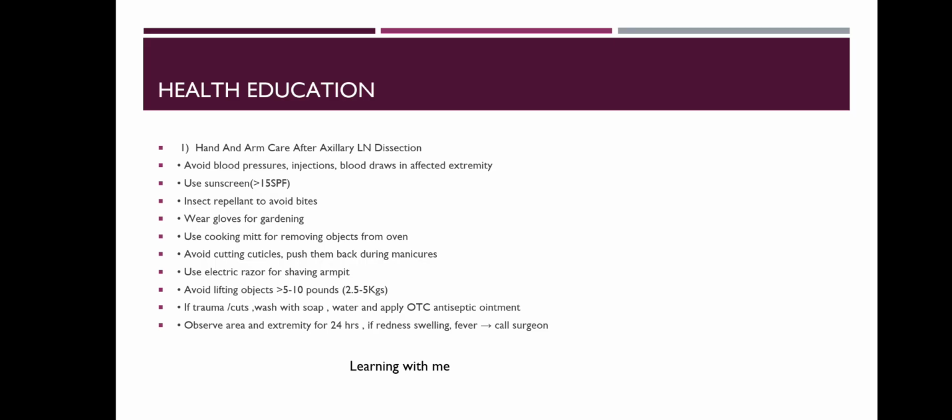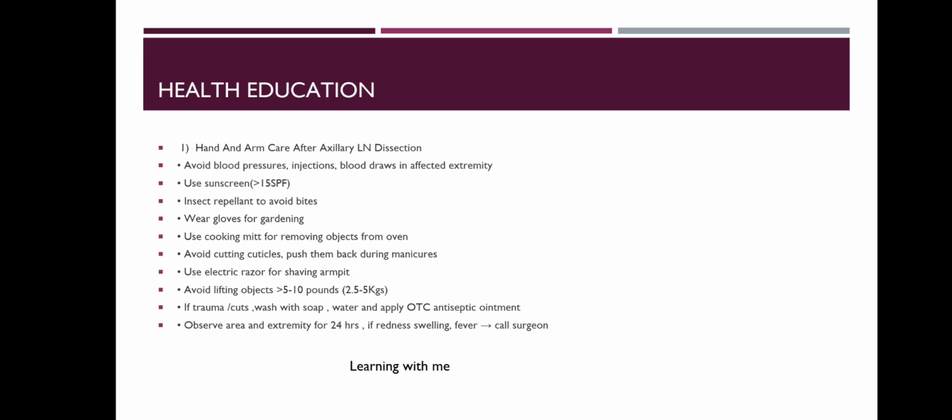Health education: hand and arm care after axillary lymph node dissection. Avoid blood pressure measurement, injection, and blood draw in the affected extremity. Use sunscreen, use insect repellent to avoid bites, wear gloves for gardening, use cooking mittens for removing objects from the oven, avoid cutting cuticles, and push them back during manicure.